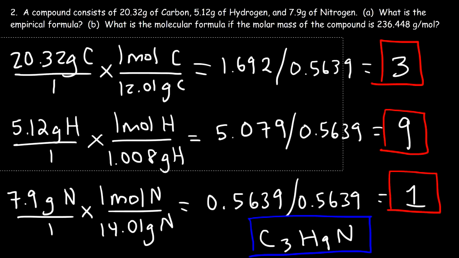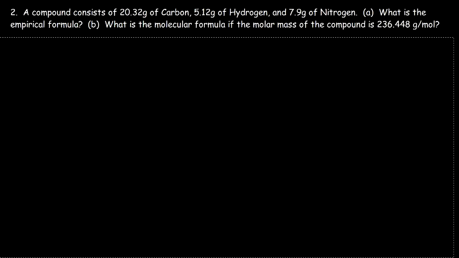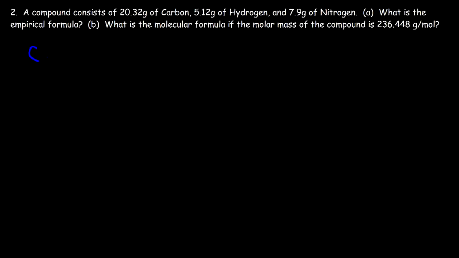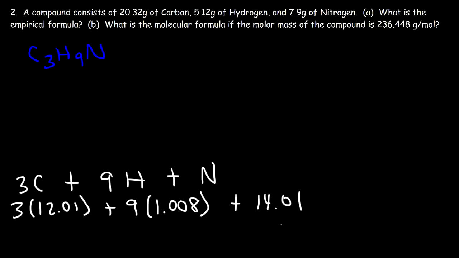Now, let's find the molecular formula. To do that, we got to find the molar mass of the empirical formula first. So we have 3 carbon atoms, 9 hydrogen atoms, 1 nitrogen atom. Now let's add up the numbers that we see here.